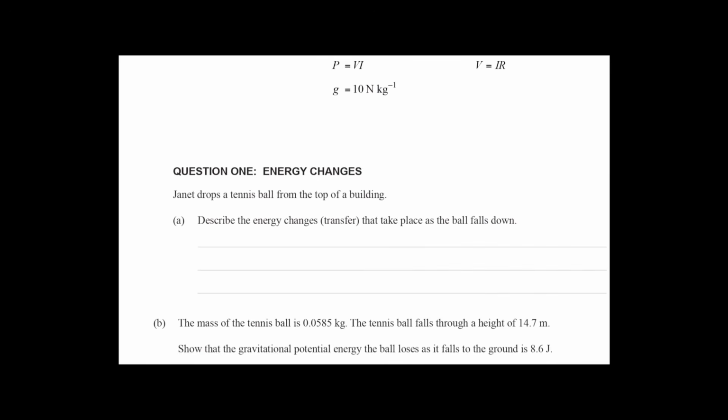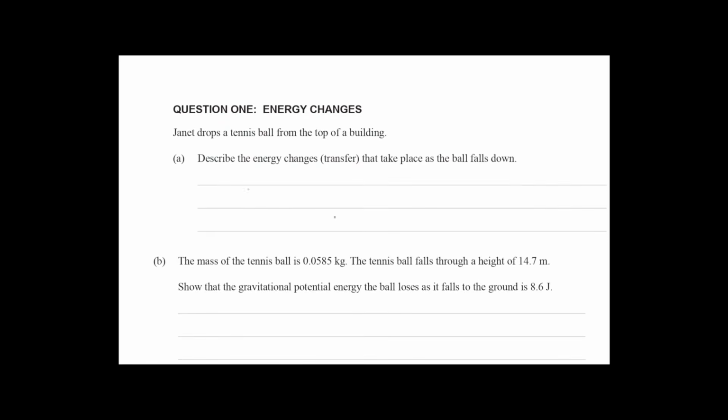So the first question is energy changes. Janet drops a tennis ball from the top of a building. Good for her. Describe the energy changes and transfers that take place as the ball falls. So she's got the ball on the top of a building. Why she does that, hopefully there's no one below her. The ball's going to fall.